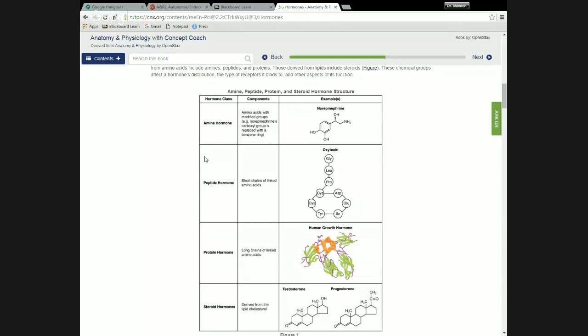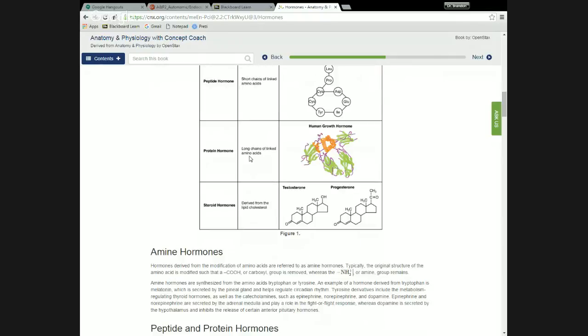If you look at a picture of what a steroid looks like, which I don't think you're going to be able to see terribly well on the screen here, maybe you can kind of make it out, but you'll see it in the book. This basic structure, a six-sided ring, a six-sided ring, a six-sided ring, and a five-sided ring, that's what cholesterol looks like.